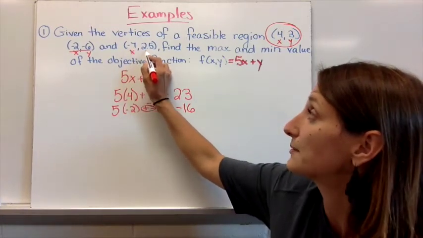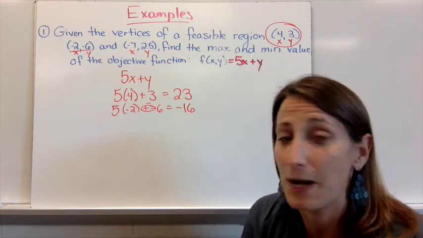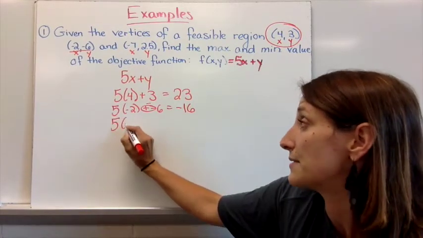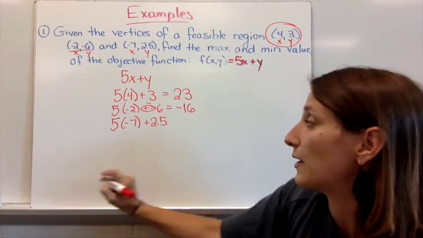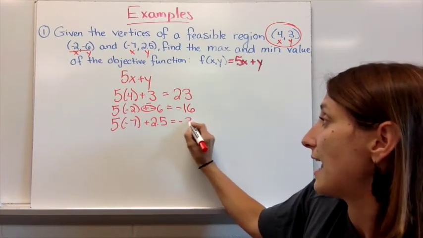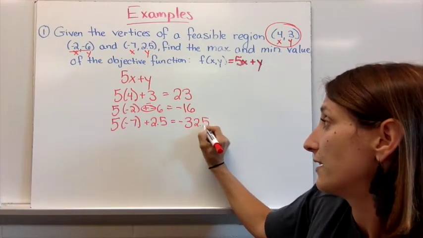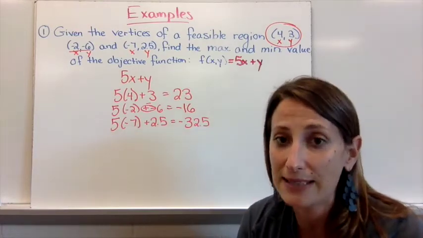So I'm going to do the last point. -7 becomes your x, 2.5 becomes your y. 5 times -7 plus 2.5. Well, I get -35 plus 2.5 gives me -32.5. So now I substituted them all in, so I'm able to find my maximum.